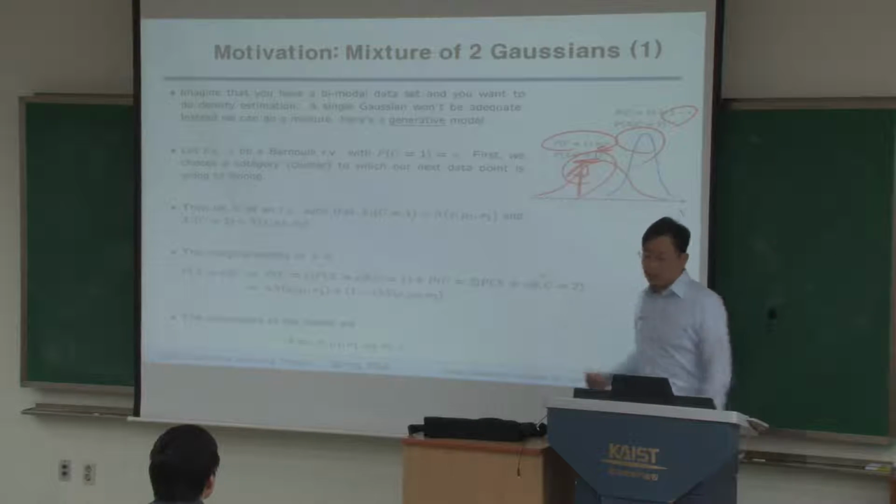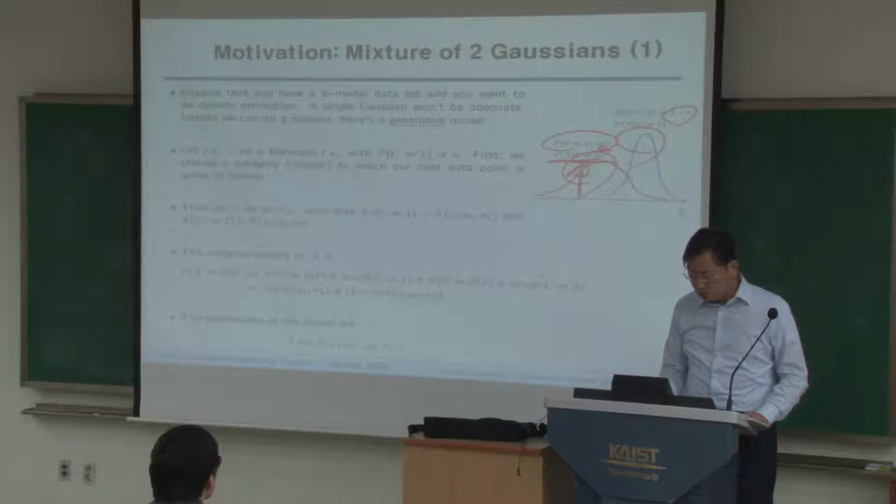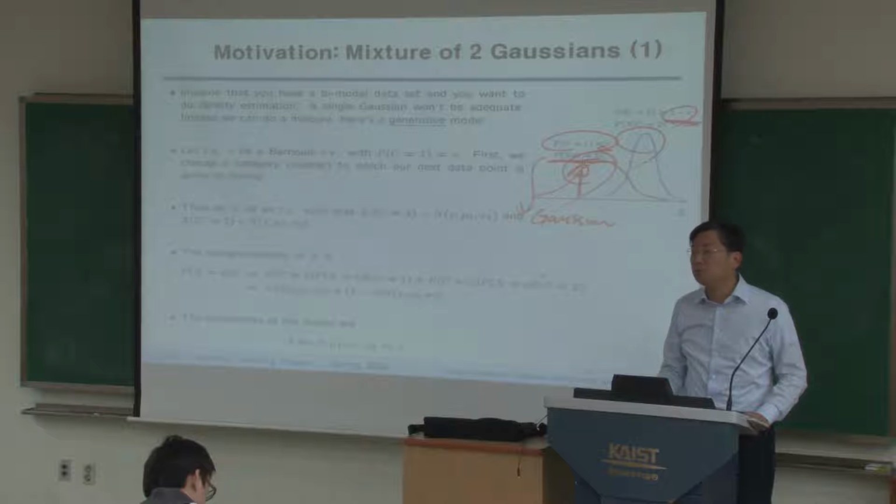Usually, in this example, I'm going to assume that this is going to be a Gaussian. Okay? And the probability that I choose blue is 1 minus pi. And once blue is chosen, then the probability of x is defined by this other Gaussian.